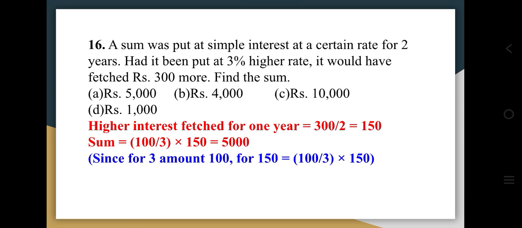We want what 150 corresponds to. So we have to divide 100 by 3, multiply by 150. So 100 by 3 into 150, that is 100 into 50, that is 5000. So the answer is choice A.